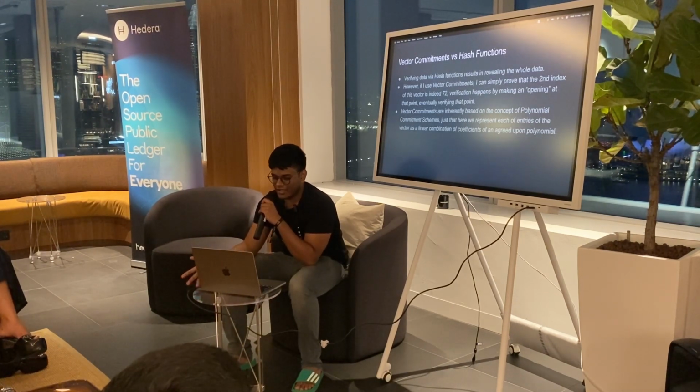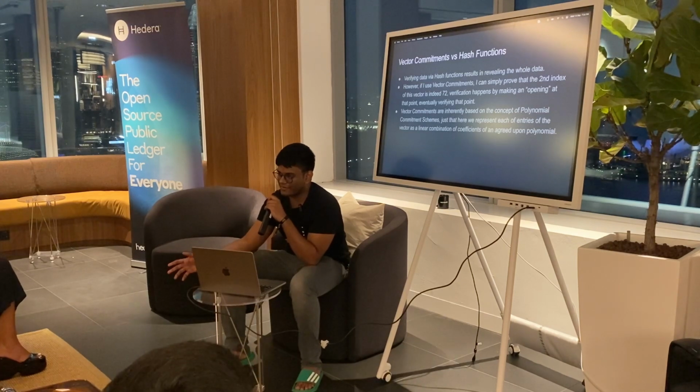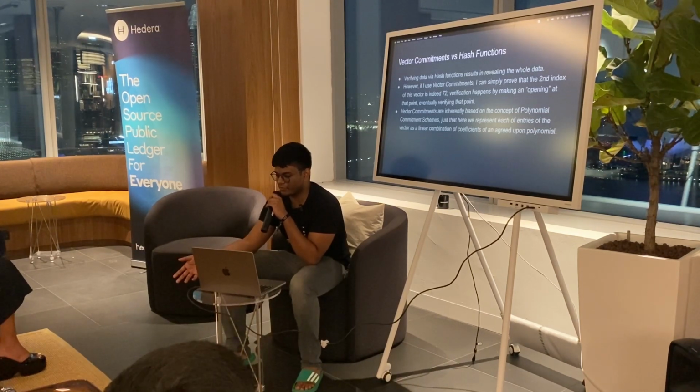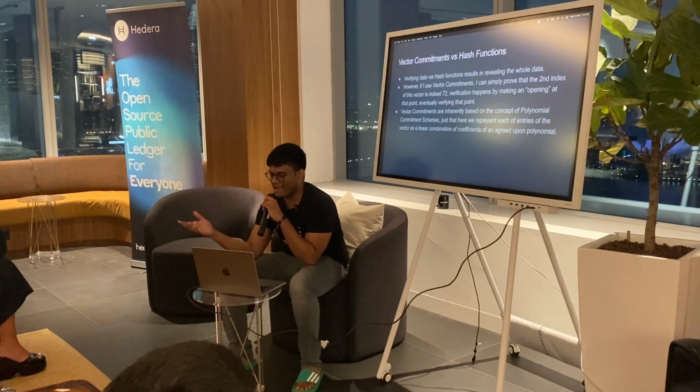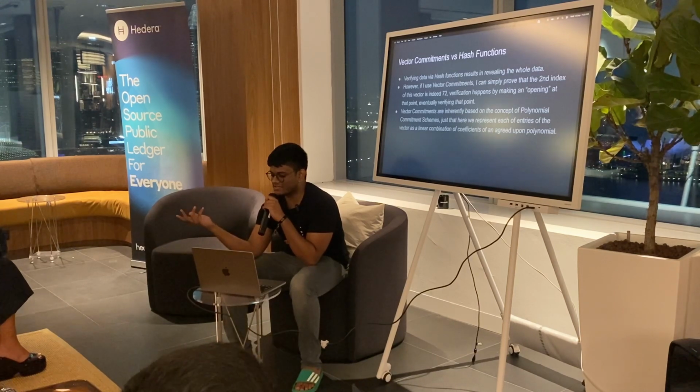Verifying data via hash functions results in revealing the whole data. But if I use vector commitments, which are based on the concept of polynomial commitment schemes, we can simply prove things like: suppose I have an array and I want to prove that the second index of this vector is indeed 72. Then the verification just happens by making an opening at that point and verifying that point.